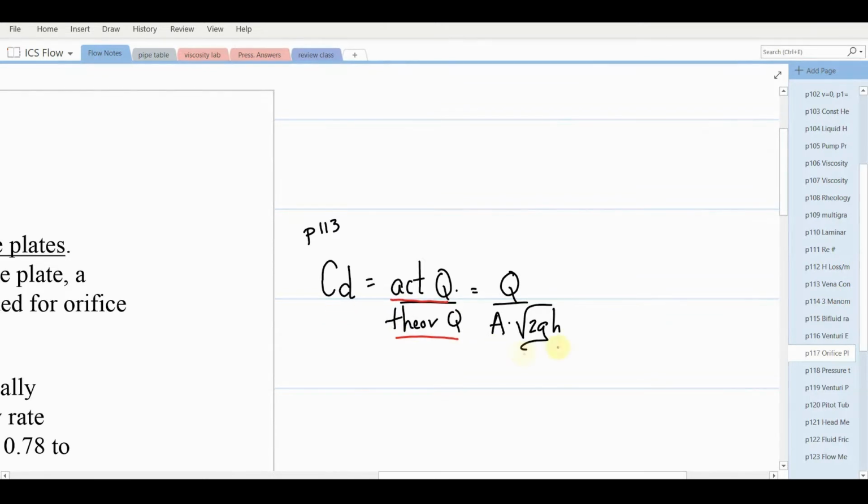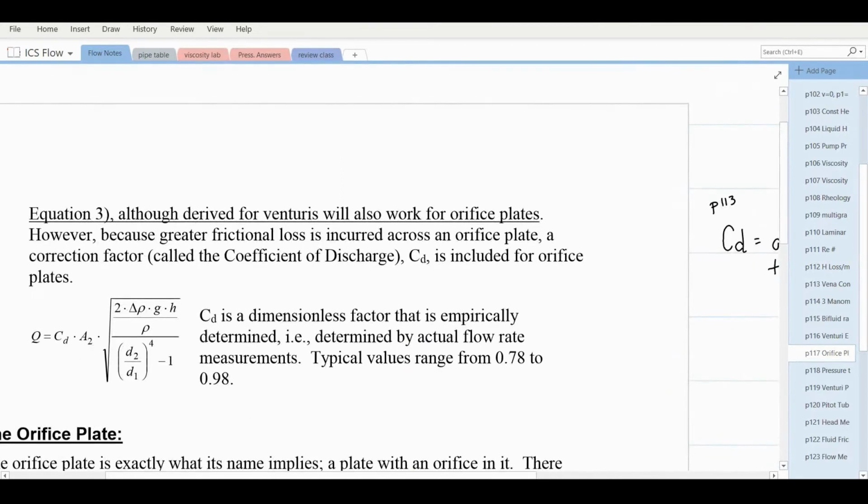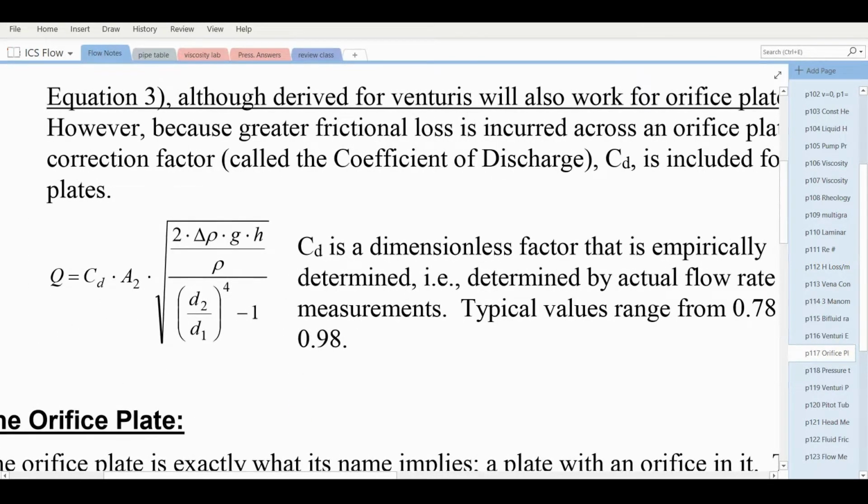The theoretical flow rate is calculated from Torricelli's theorem and the actual flow rate is measured. That ratio is dimensionless, depending upon the shape of the opening and the size, anywhere from 0.78 to 0.98. So it's simply a correction factor, empirically determined to make our calculated flow rates closer to the truth.